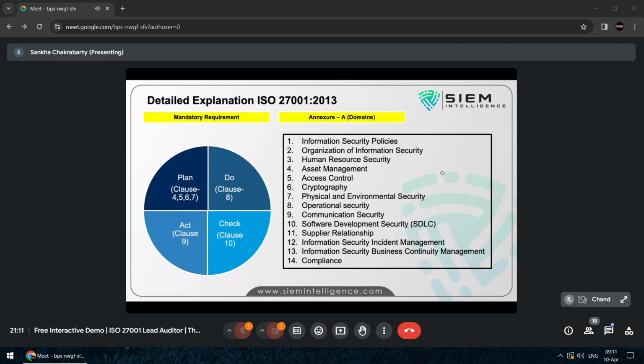Farzam, sorry if I'm pronouncing the name incorrectly, can you tell me your experience? What experience did you have in ISO implementation? Any experience you would like to share about the mandatory requirements and the annexure controls? Which have you implemented, sir, 2013 or 2022, or are you only doing auditing?